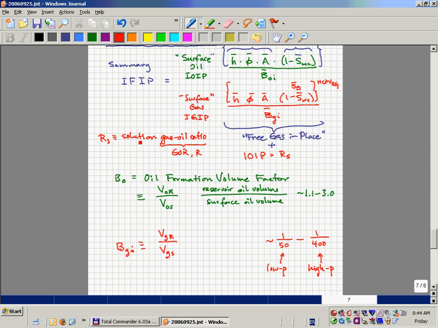So this solution gas oil ratio is, if you take an oil from a reservoir to the surface, it gives you two products, a sales gas and a sales oil. The ratio of those two volumes at the surface is what we call Rs: volume of sales gas over volume of sales oil. But this is coming from a reservoir oil at the reservoir.